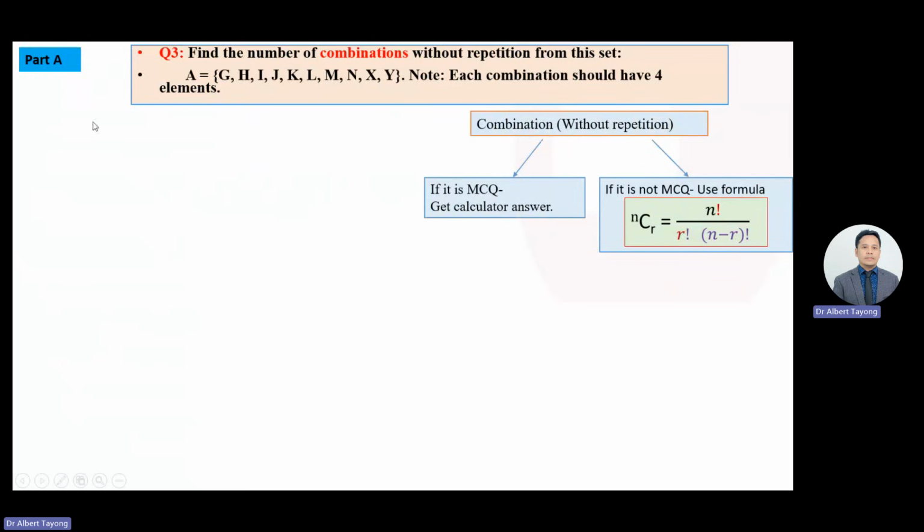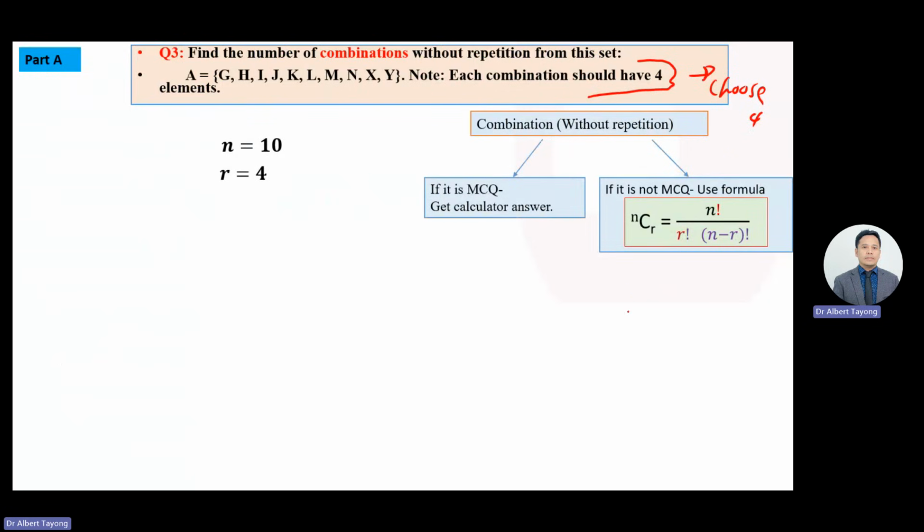The formula is n factorial over n minus r factorial, and that is r factorial outside. So our n is 10. That's the total number of elements here. And our r is equal to 4 because each combination should have 4 elements, as mentioned here. So we choose 4 every time.